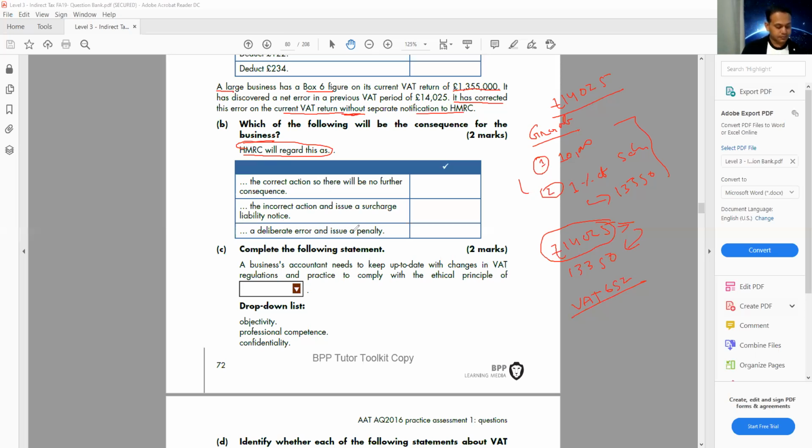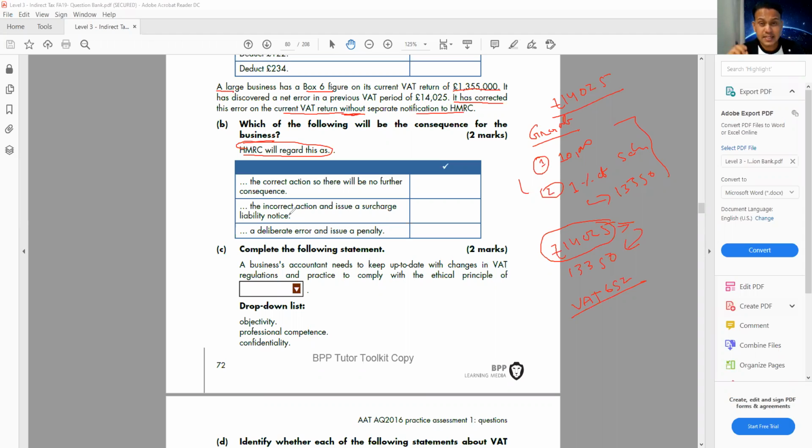What do you think? Because of that, what will HMRC do? HMRC will say, that's fine, nothing to do? Or HMRC will say, this is incorrect, so I'll issue a surcharge liability notice? Or option C, a deliberate error and issue a penalty.